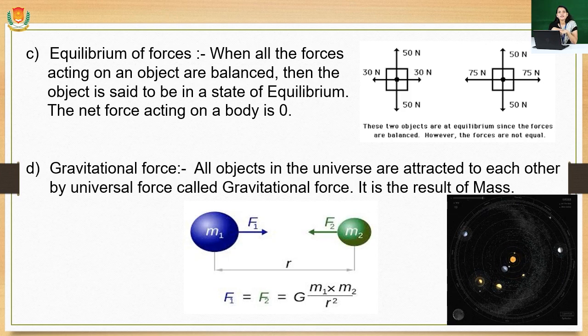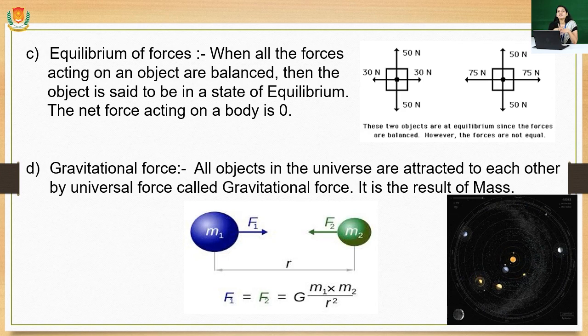Now, another term we are very much familiar with is gravitational force. As we all know, all the objects in the universe attract each other with a certain amount of force, which is a universal force and popularly known as gravitational force.